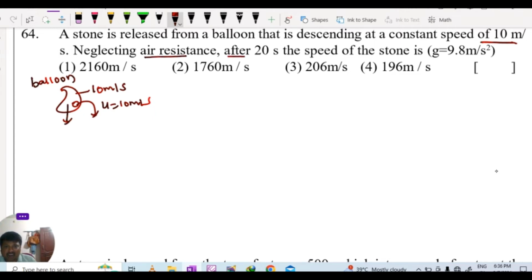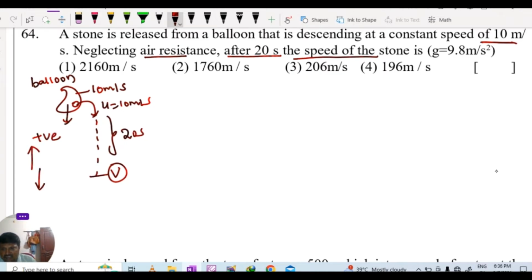Neglecting air resistance, after 20 seconds the speed of the stone is. Here the velocity is in the downward direction. If the upward direction is taken as positive and the downward direction as negative, use the first equation of motion, v equal to u plus at.